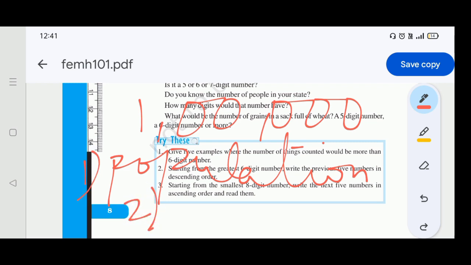Second, it can be microorganisms present around us.